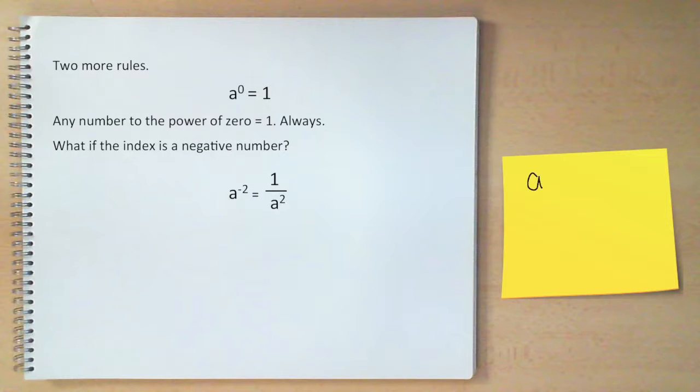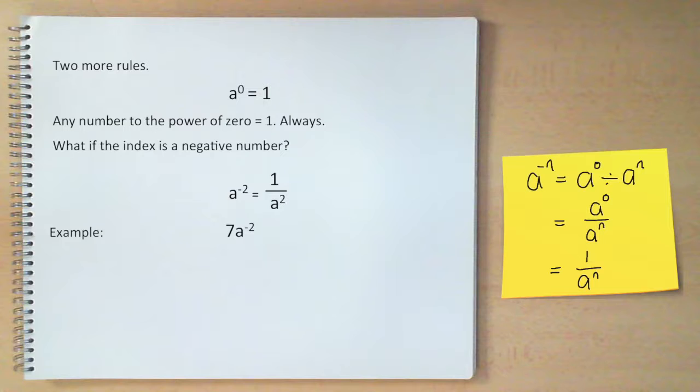So a to the minus n, we can rewrite that using one of our previous rules as a to the 0 divided by a to the n, because 0 minus n is equal to minus n. This gives us a to the 0 over a to the n, and the rule that we just looked at above tells us that a to the 0 is equal to 1. So a to the minus n is equal to 1 over a to the n.